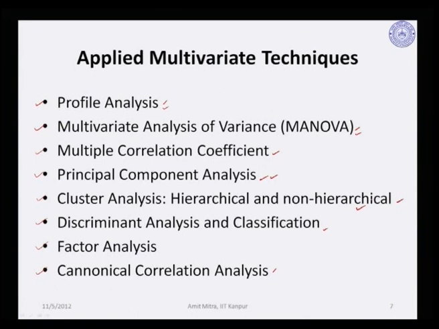When one talks about cluster analysis, one is trying to look at a group of possibly heterogeneous data, and from that heterogeneous data one is trying to look at formation of homogeneous groups.